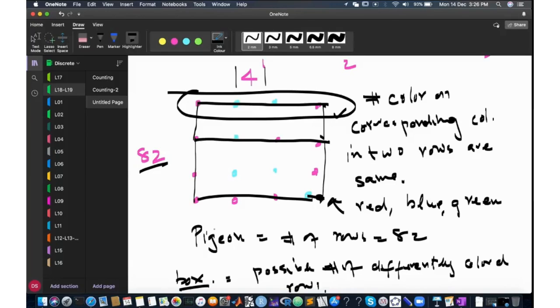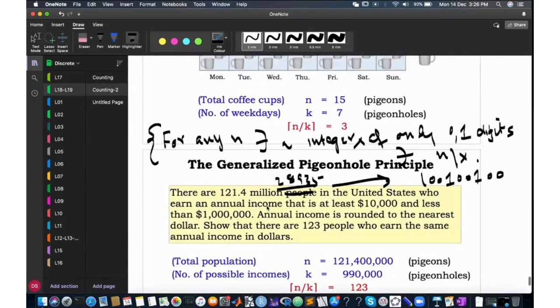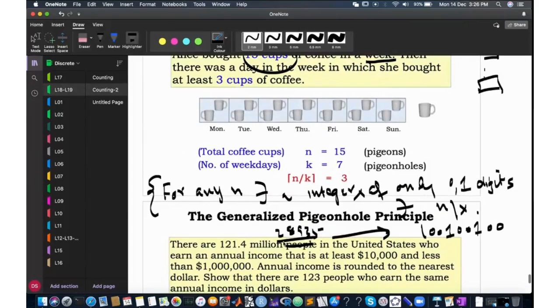Okay, anyone else? Sir, could you explain the last question, that is 0 and 1 digit? Sure. So the problem says that pick any number you want.